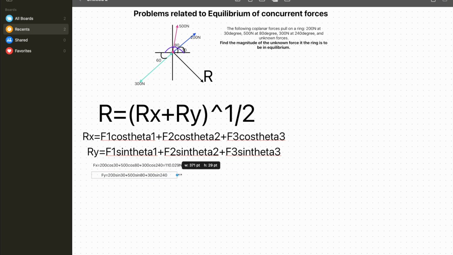And if we calculate the y component, it should be 200 sine 30 plus 500 sine 80 plus 300 sine 240. So it's 332.59, we can assume 332.6 Newton, right?